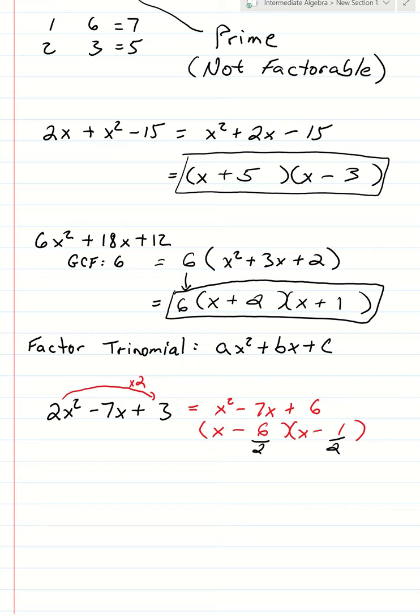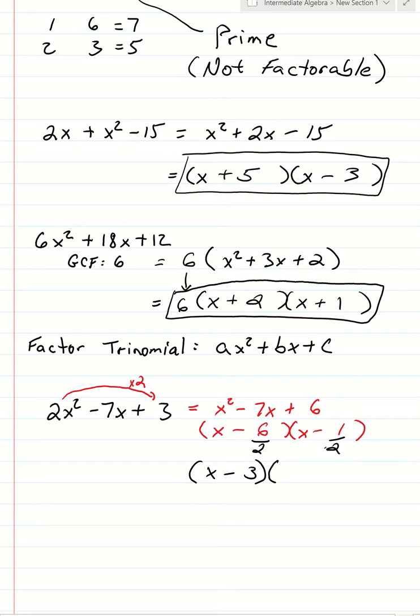Let's simplify what we can here. So we have x minus 6 over 2. Well, 6 over 2 would give us now x minus 3. Now we have this x minus 1/2. I can't simplify the fraction 1/2, and we don't want to leave our answer with a fraction. So here's what I'm going to suggest that you do.